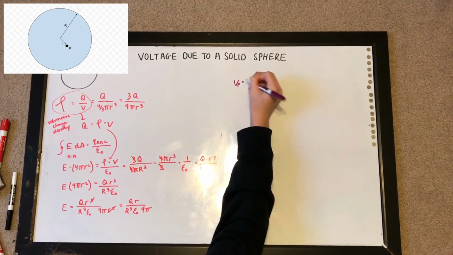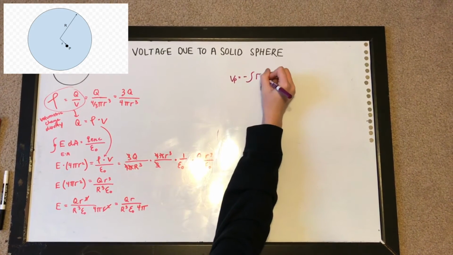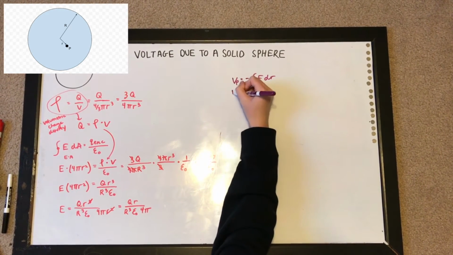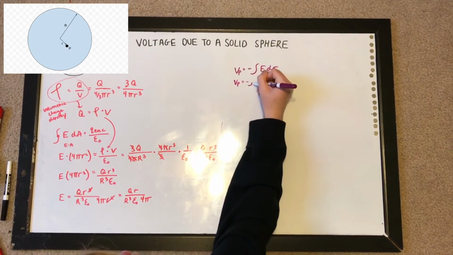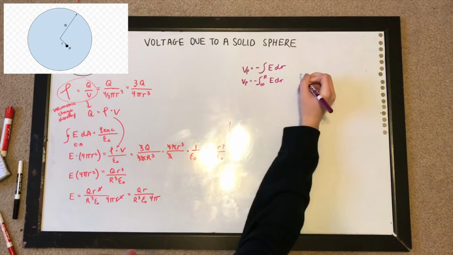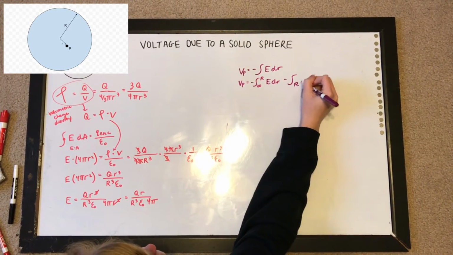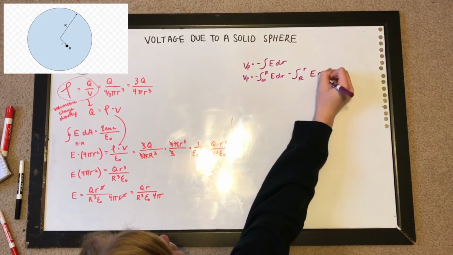So, making the first simple statement that the voltage equals the negative integral of the electric field times dr. Therefore, it equals the negative integral of the electric field from infinity to big R, which is outside the sphere, minus the integral of the electric field from big R to little r, inside the sphere.